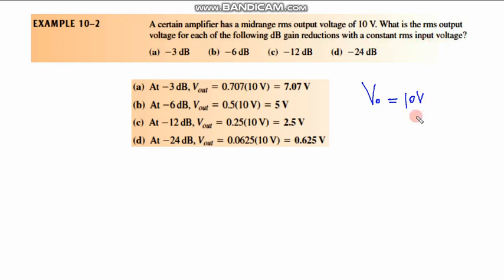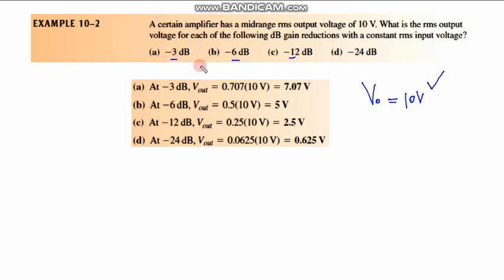So it says, what would happen to this output voltage if the gain is reduced by 3 dBs, by 6 dBs, by 12 dBs. So first of all, we have to solve this one. Basically we want to calculate or estimate the voltage ratio which is associated with this reduction value.